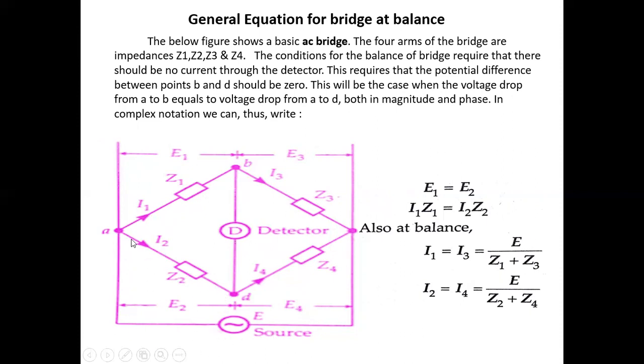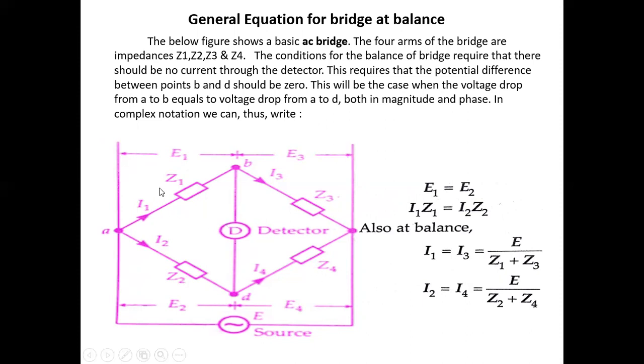When the source is connected to the bridge, due to this voltage source, the current will flow through the bridge. Due to that, the currents I1, I2, I3, and I4 will flow through the corresponding impedances Z1, Z2, Z3 and Z4. E1 is equal to E2, E3 is equal to E4.